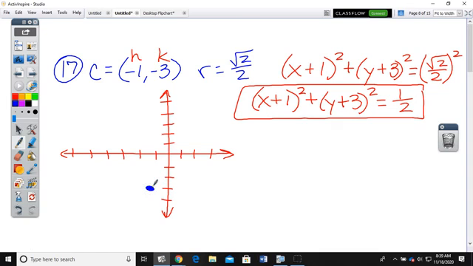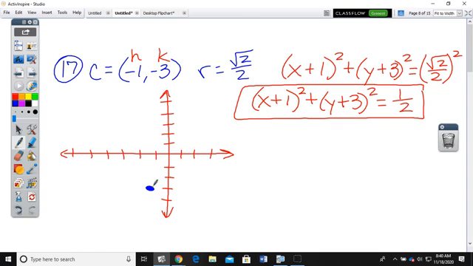Left 1, down 3. I go up, down, left, and right whatever the square root of 2 over 2 is. So, somebody tell me, what is that? It's not a lot. Try putting it in your calculator. That's why it's there.